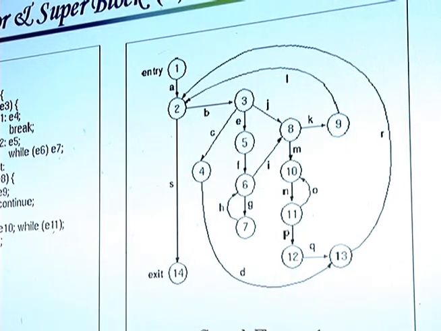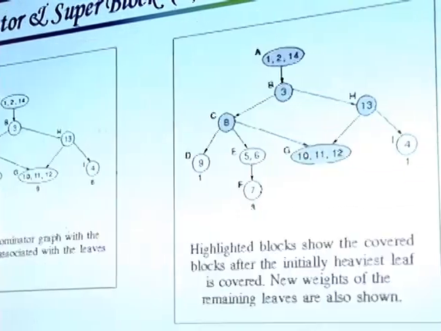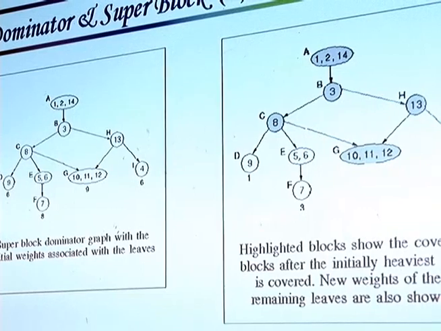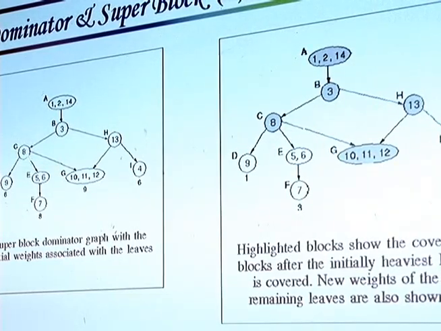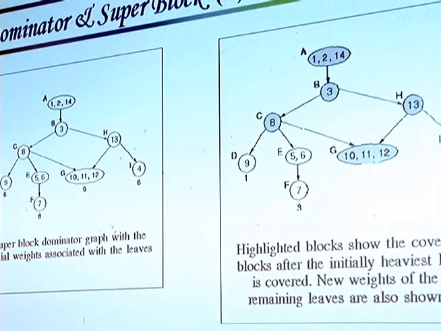So once I come to 10, I cannot terminate without going through 13. Therefore, if I cover 10, 8 and 13 will also be covered. That's why you need to have what? Both.